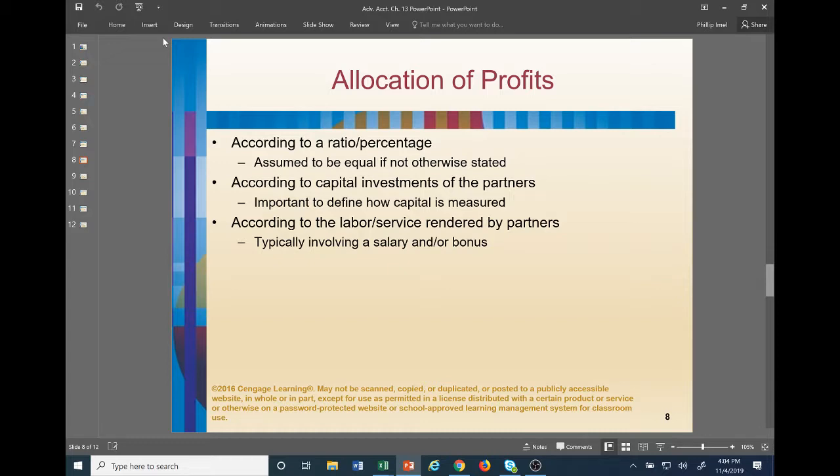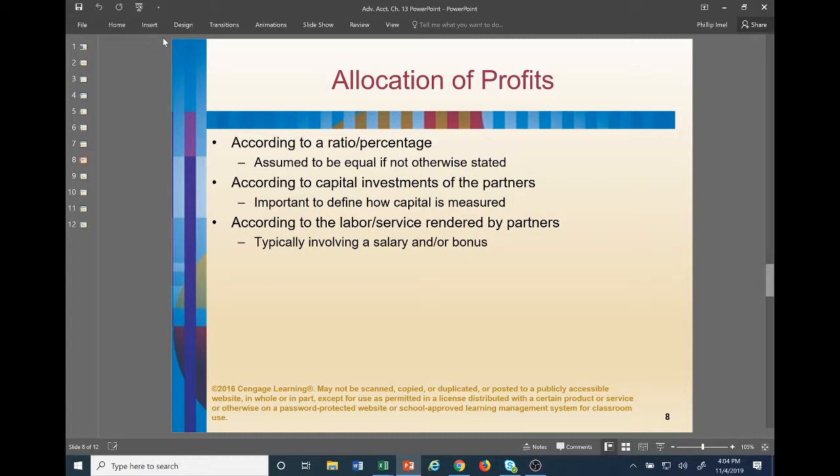Now, when the partners' capital investments are to be used as the basis for allocating profits, the partnership agreement should specify the following. The first thing that should be specified is whether the respective partners' capital balances are to be determined before or after the partners' year-to-date withdrawals recorded in their drawing accounts are offset against their capital accounts.